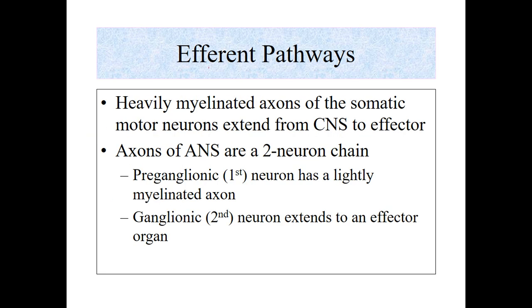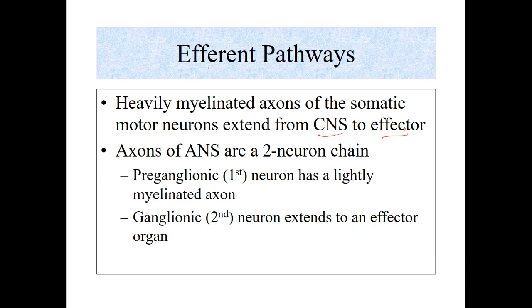For the efferent pathways, we have 1 axon that's heavily myelinated that runs from the CNS to the skeletal muscle, okay, for the somatic nervous system. When we get to the ANS, we see that we have a 2-neuron chain. We have a preganglionic neuron that's lightly myelinated, and we have a ganglionic neuron that will extend to that effector organ, which would be smooth muscle, cardiac muscle, or a gland.